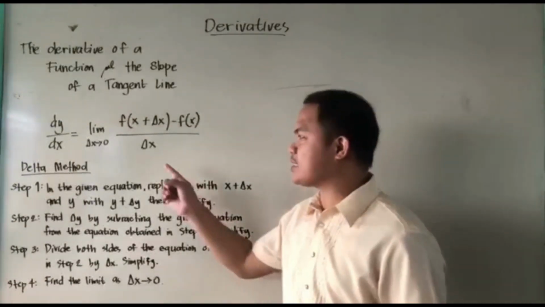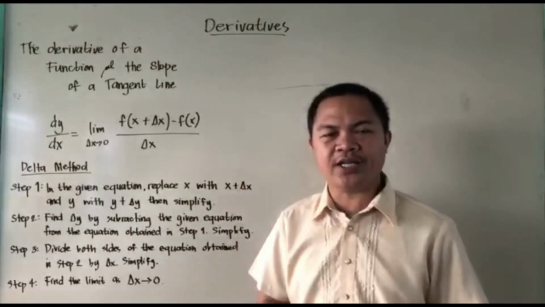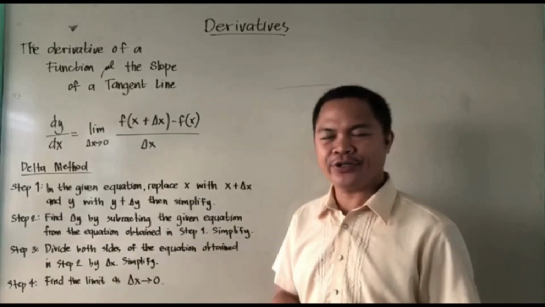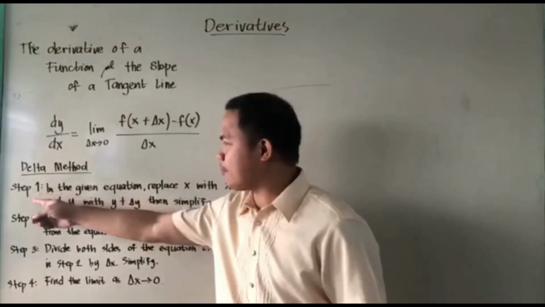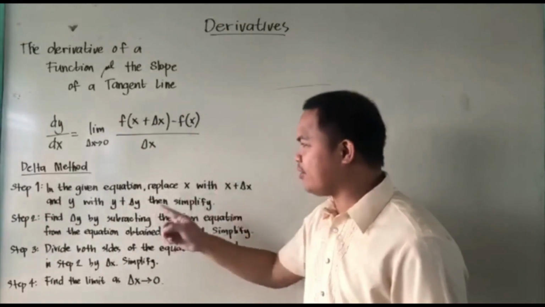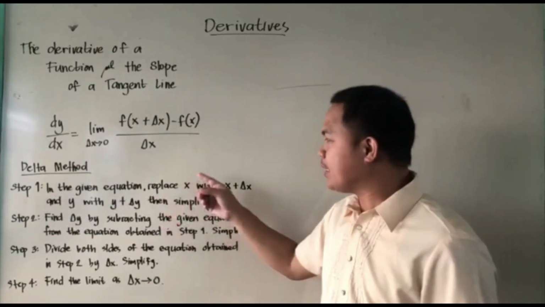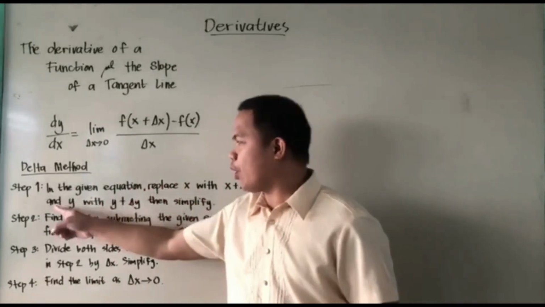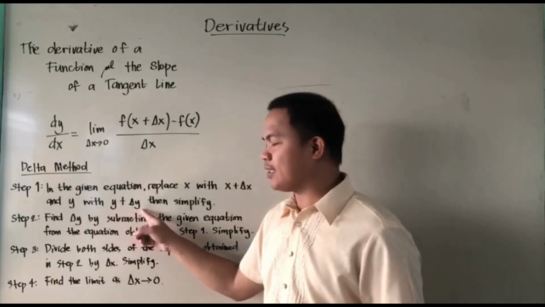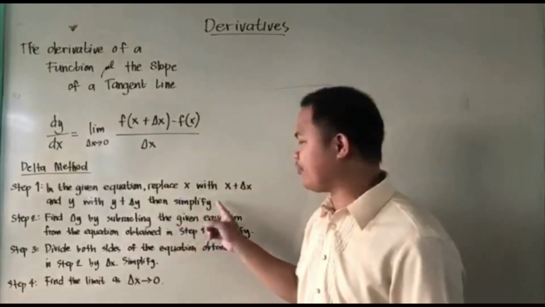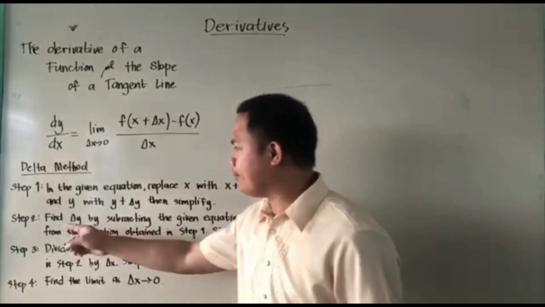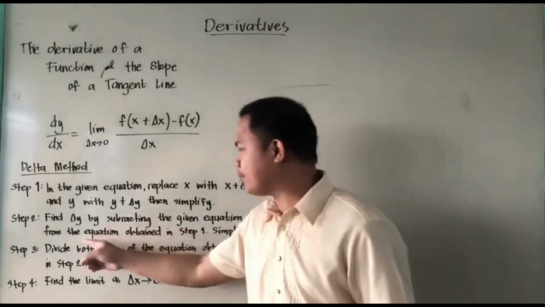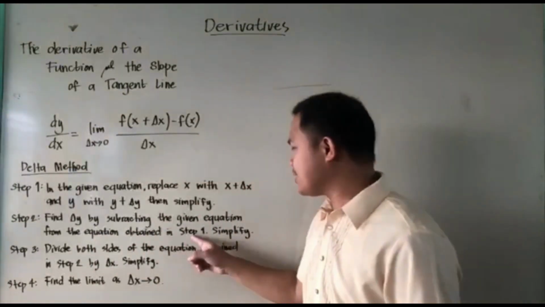And so far as this method is concerned, we need to follow certain steps for us to arrive at a correct answer. Step 1 states that in a given situation or equation, we need to replace x with x plus delta x and y with y plus delta y. Then we need to simplify. The second one, find delta y by subtracting the given equation from the equation obtained in step 1.